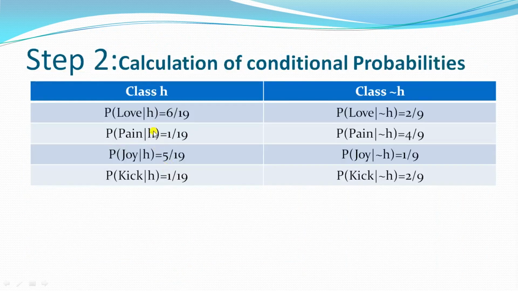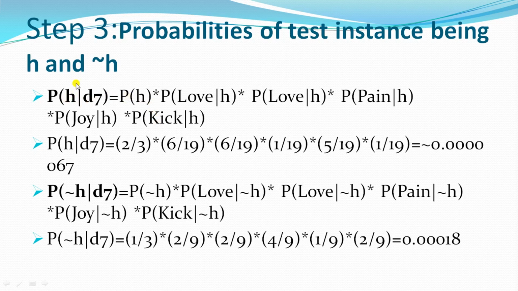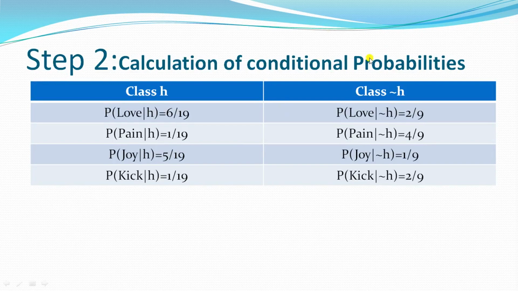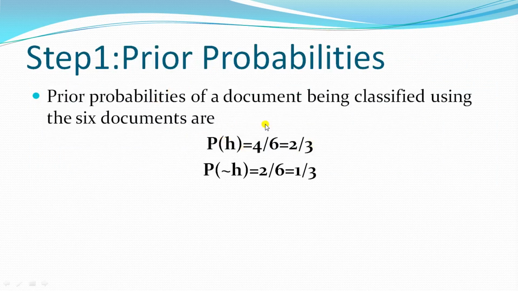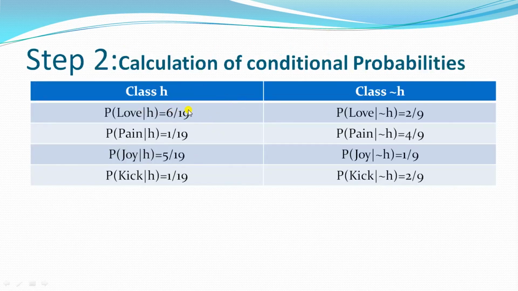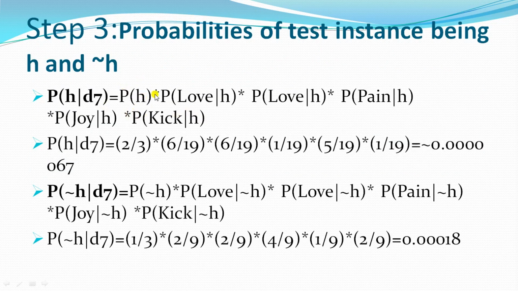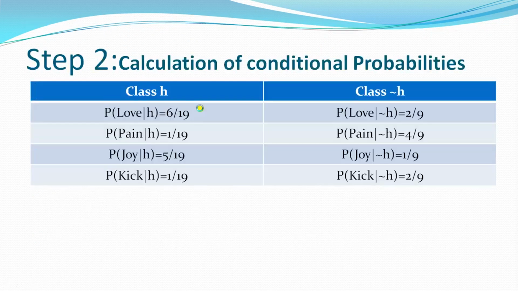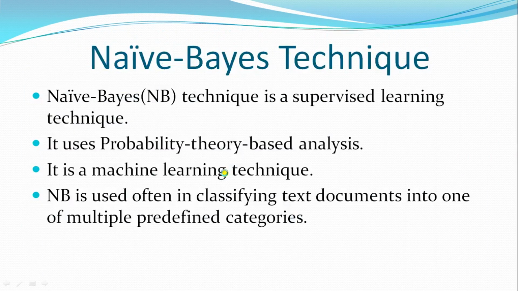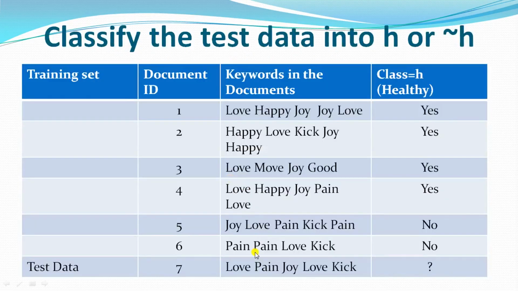So probability of D7 being in class H is equal to prior probability of H. That means prior probability of class H into, we should multiply all possible conditional probabilities. For example, P of H into, see how many love are there in this particular statement. Here 1 and 2.